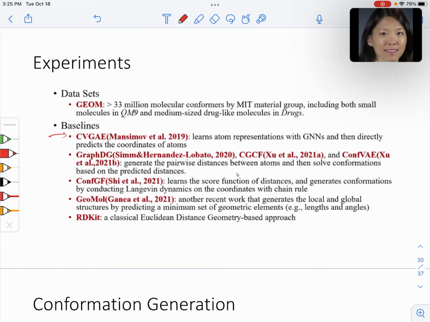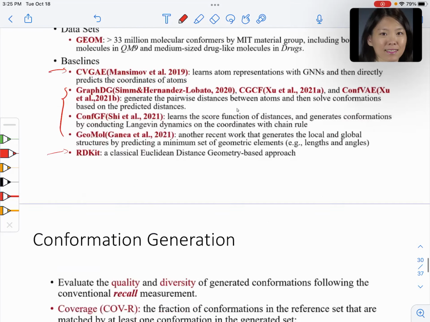The remaining three are trying to alleviate the intermediate variable, which is the pairwise distance, and serve as two-stage approaches to address this problem. And finally, this is a traditional method, which has a very slow speed to generate those conformations.